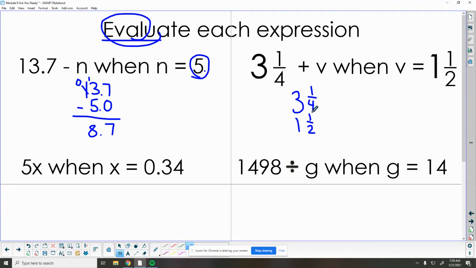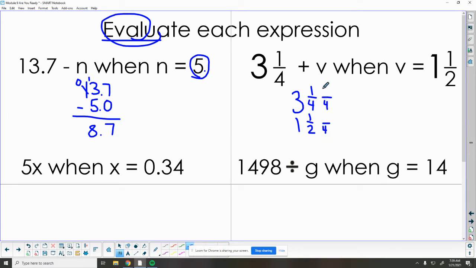We can't put fourths and halves together until they're cut into the same amount of pieces. So we need to find a common denominator. What multiple can you think of that 2 and 4 can go into? They both go into 4. So I'm going to make the new denominator 4.